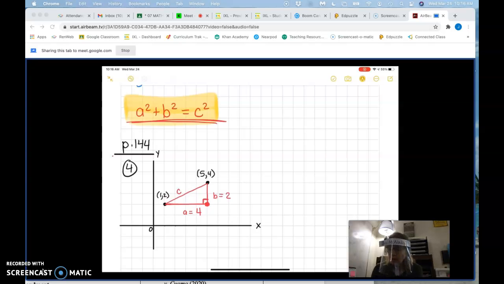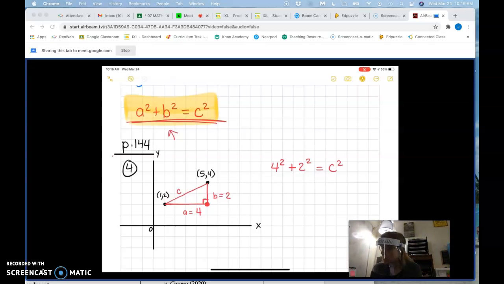So we just counted the squares and we said side A is 4 squares long and side B is 2 squares long. Now we have our A and our B, which we can plug into our formula to find out what C equals. So I'm going to say 4 squared plus 2 squared equals C squared. And the C is the answer. That's what I need. So this works out perfectly.